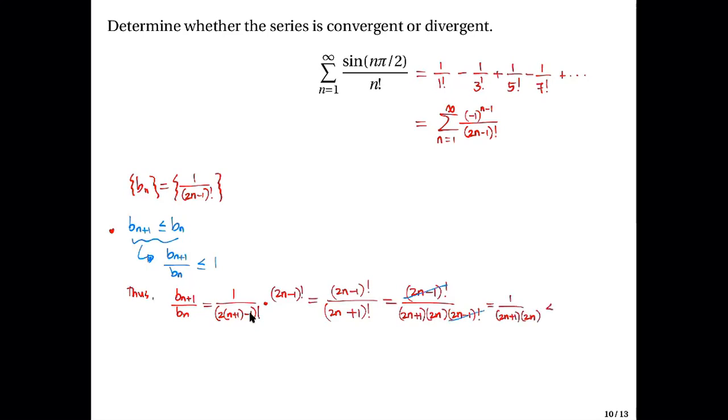And definitely, this is less than 1 for n greater than or equal to 1. When n equals 1, you have 2 plus 1, that's 3, times 2, that's 6. So 1 over 6, it's less than 1. Siyempre, kung pinapalaki mo pa lalo yung n, ano mangyayari? Mas lalong liliit ito na liliit. So less than 1 pa din siya. So ano ibig sabihin nito? Therefore, Bn is decreasing.